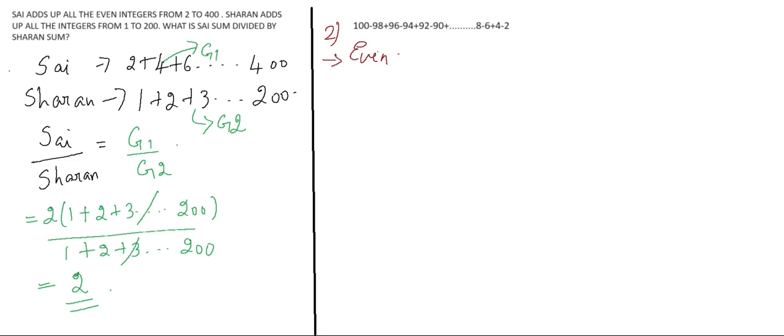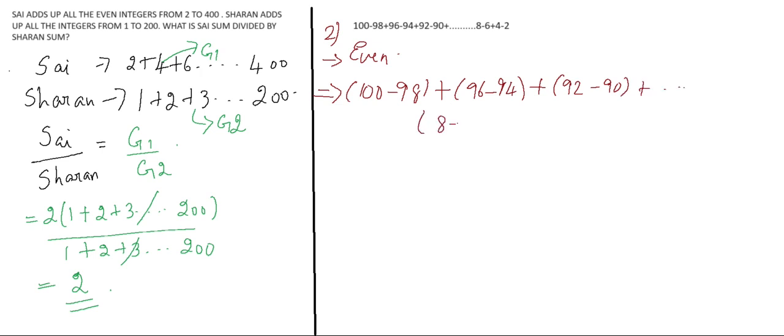Secondly, I can group some numbers here: 100 minus 98 plus 96 minus 94 plus 92 minus 90, going till 8 minus 6 plus 4 minus 2.